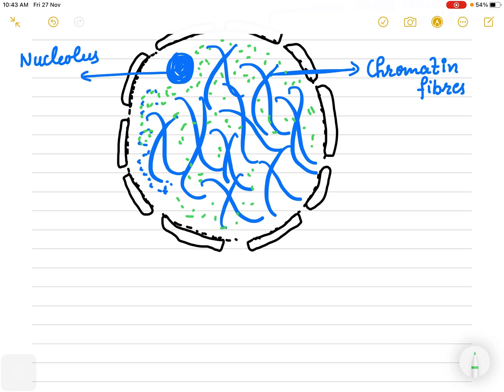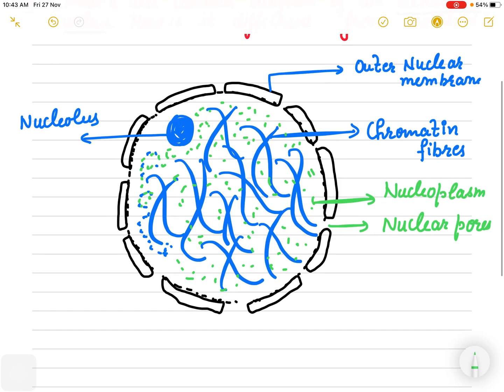Just like cytoplasm is present in the cell, here you have to mark nucleoplasm, right? Now you will ask, ma'am, what are these gaps which are present here? These gaps are known as nuclear pores, right?